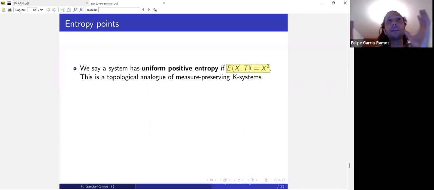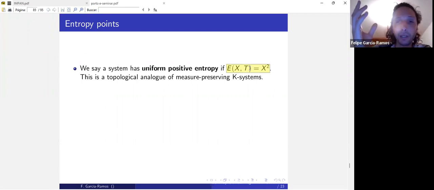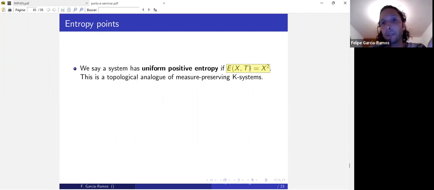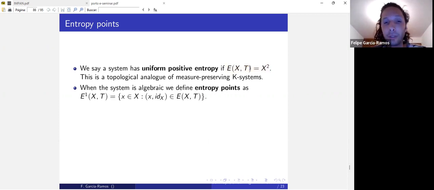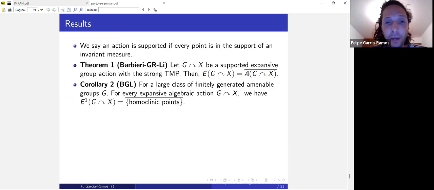So in this case, there's a relationship between the topological and the measure. Because that's what I stated in my other slides, that the homoclinic points are dense if and only if the measure is K. So for example, if the homoclinic points are dense, it means that this thing is the whole space.